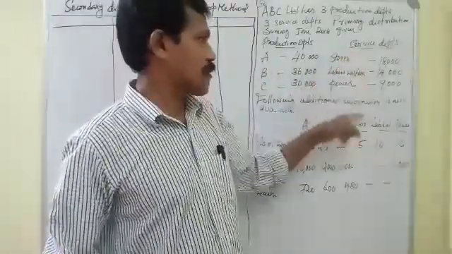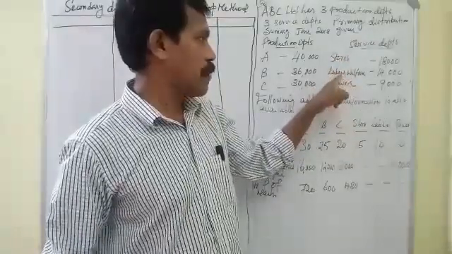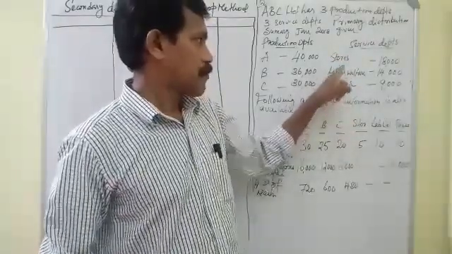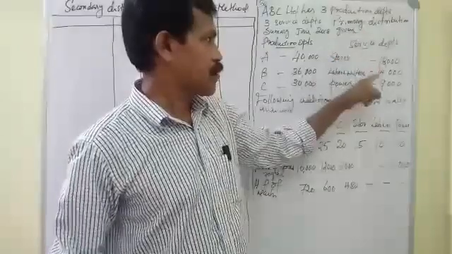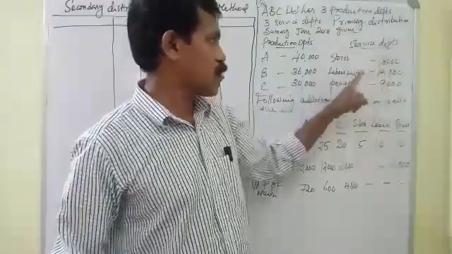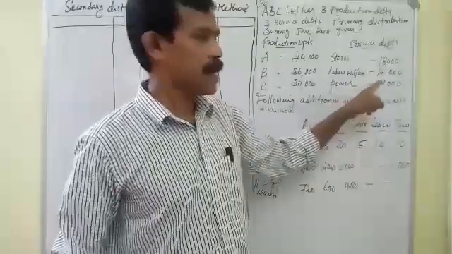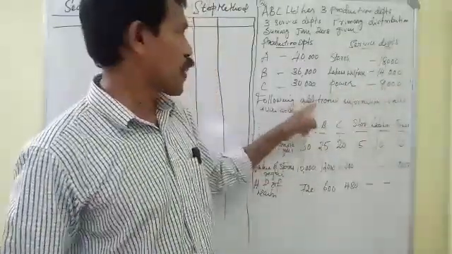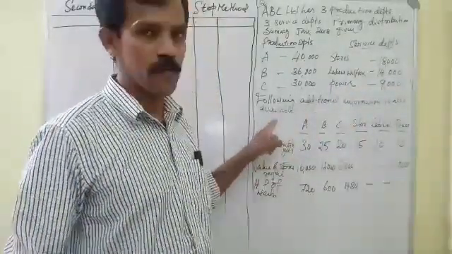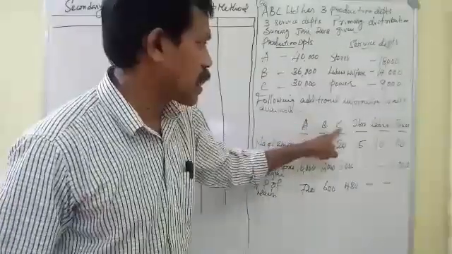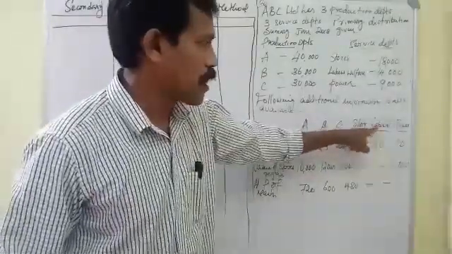Then we have three service departments: stores department, labor welfare, and power. Stores primary distribution summary amount 18,000, labor welfare 14,000, power 9,000. The following additional information is also available, in the order A, B, C, stores, labor welfare, power.